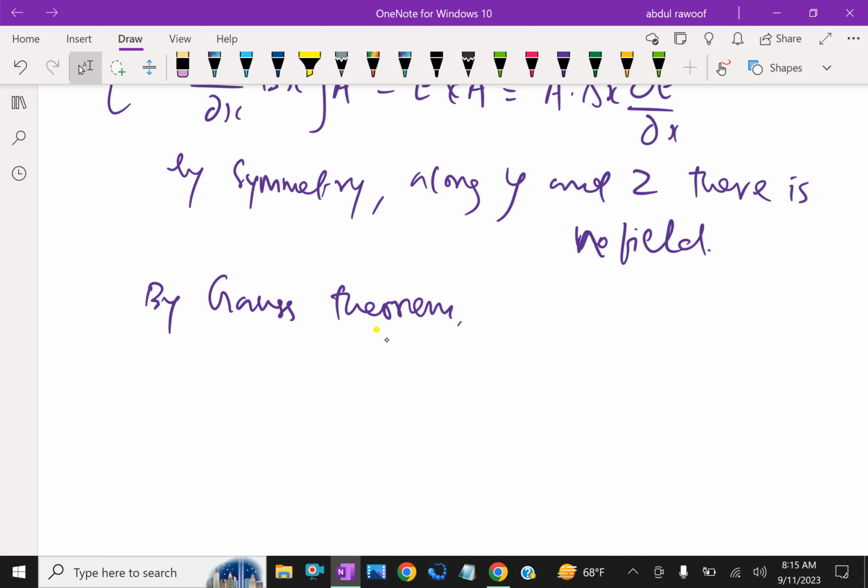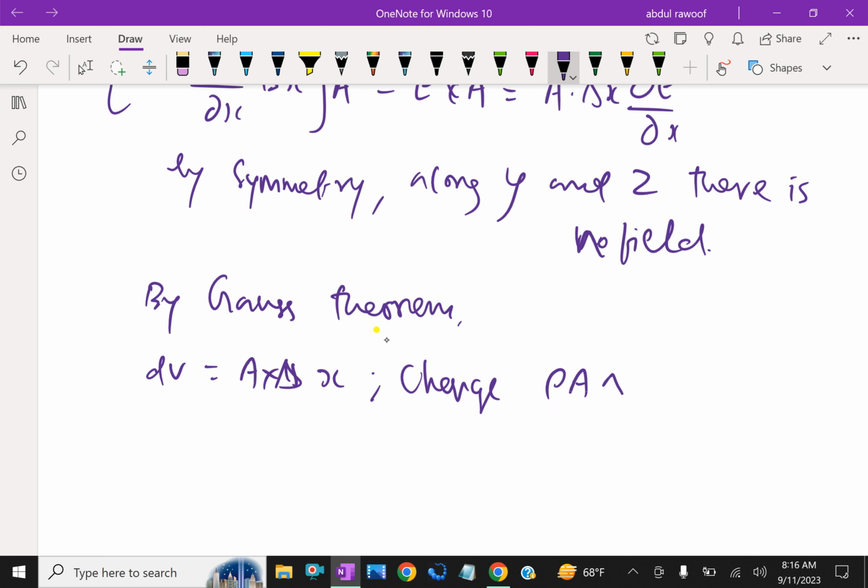The volume of the element dV equals A delta x, so the charge equals rho A delta x.